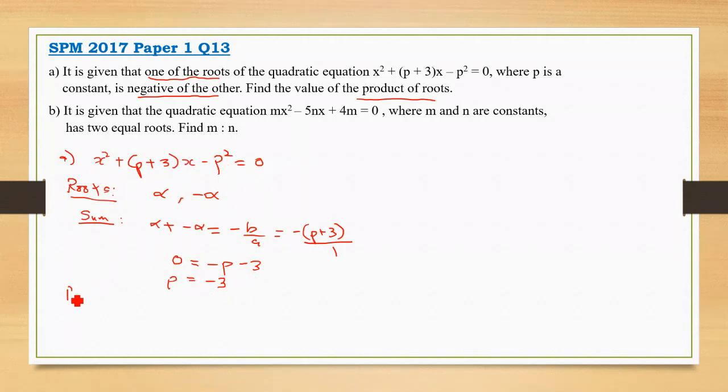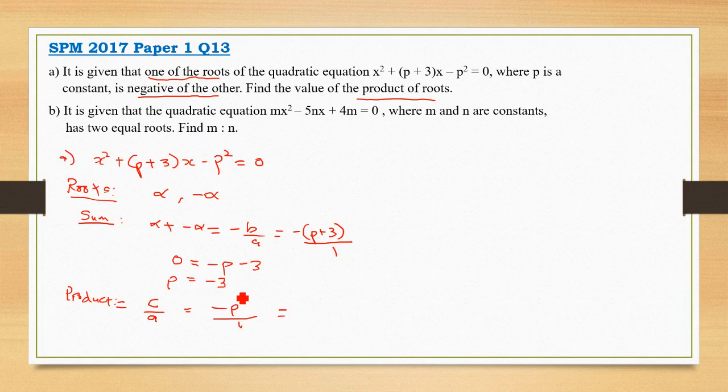So what is the product of roots? You don't need to multiply these two because we don't know what alpha and negative alpha are. Straight away, we know the product is C over A. C is given as negative P squared over A. A is 1.